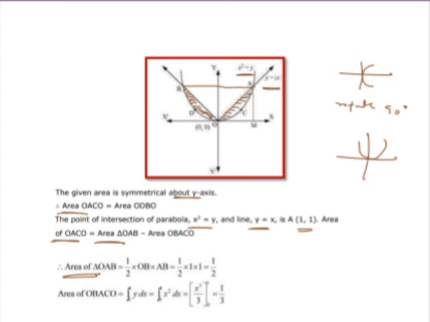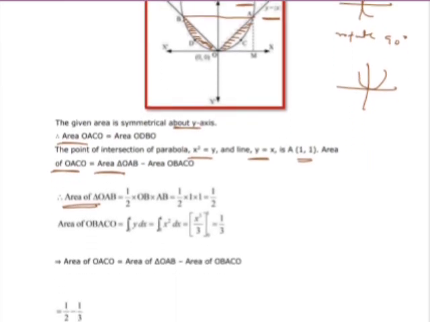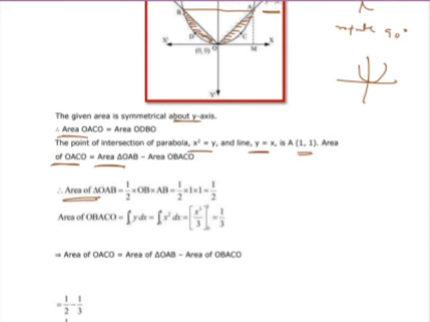Okay. So the area of triangle OAB equals 1 by 2 into OB into AB, that is 1 by 2 into 1 cross 1, so we get 1 by 2. The area of OBACO is the integral of y dx, with limits 0 to 1, that is x square dx, integration of x cube by 3, 0 to 1, which means 1 by 3.